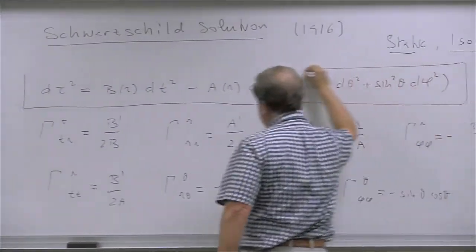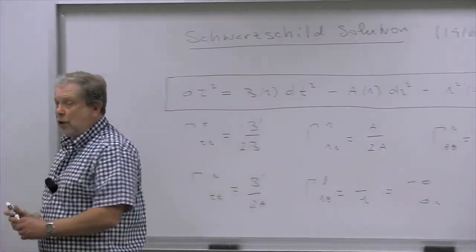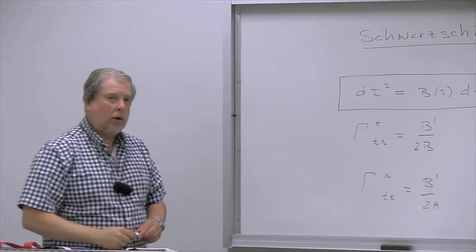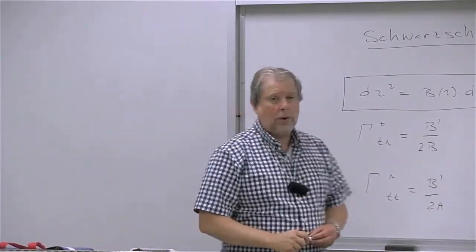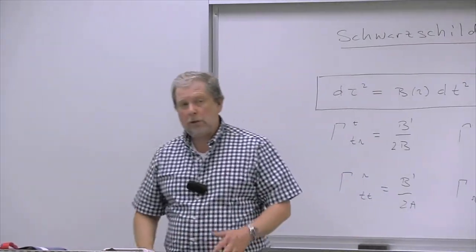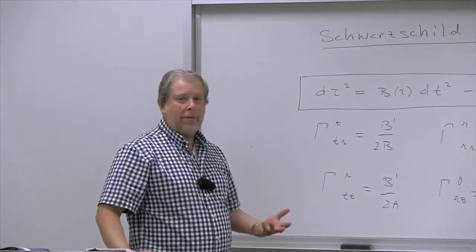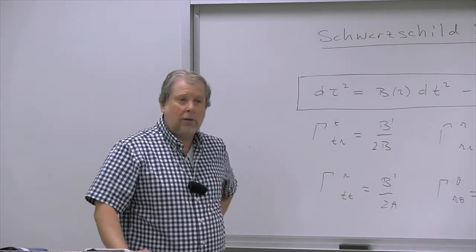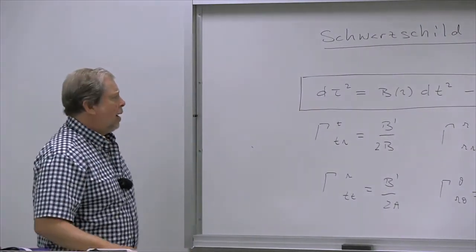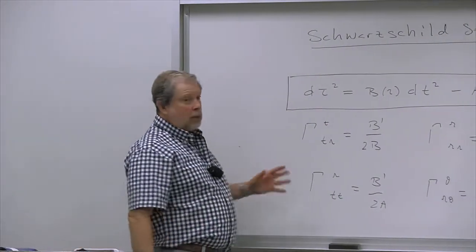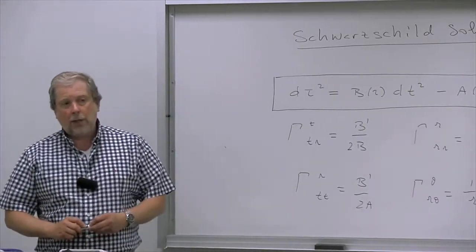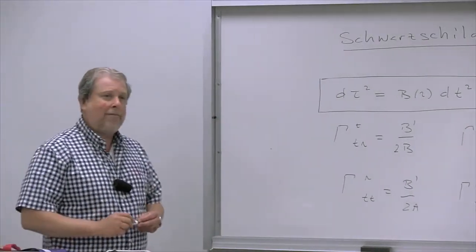And we discussed in the last lecture how you can then, by a little bit of work, derive all the quantities that you need for the field equation, so you can calculate the affine connection first, right? And then from the affine connection, you can get the components of the Riemann tensor, the Ricci tensor, and the scalar curvature. Now, because of the symmetry of the metric, there's a lot of these components that vanish.